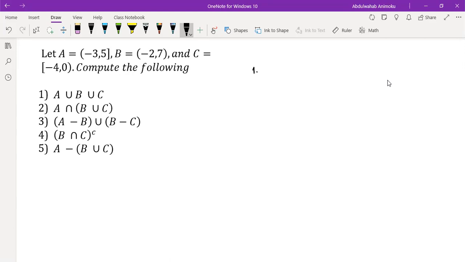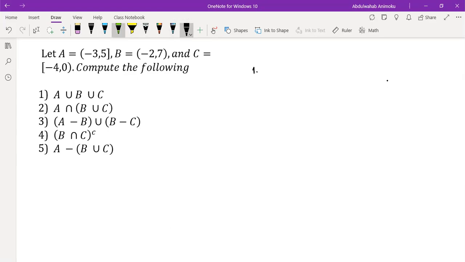Especially for a problem that has intervals, the best way to approach it is to draw the set on what we call a real line. Okay, so let's see how this can be done.